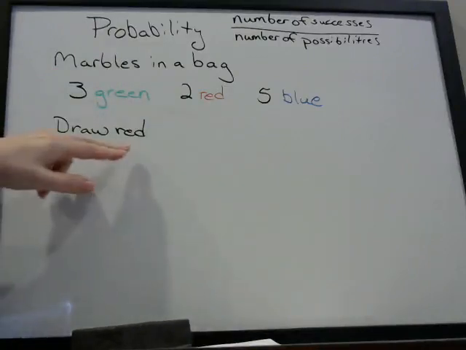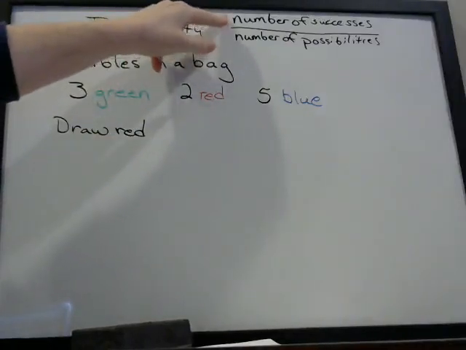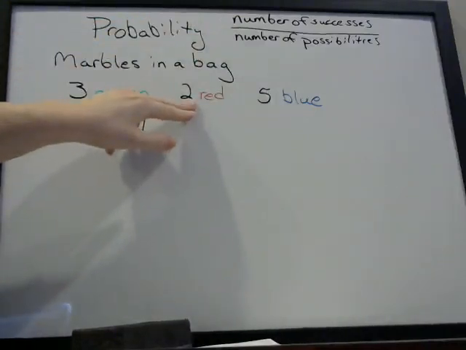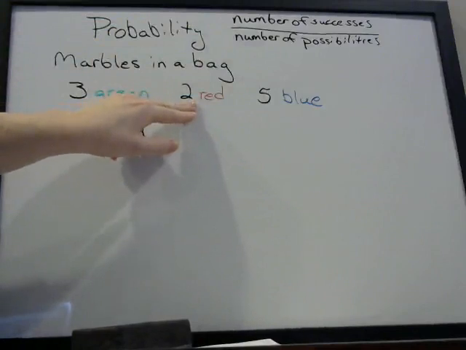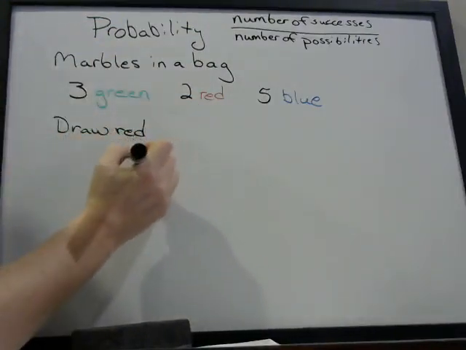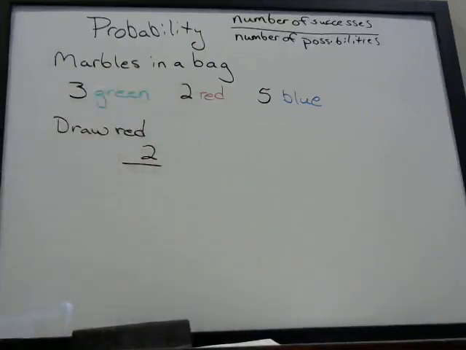So, number of successes: how many times can we be successful? There's 2 reds in there, so if we draw either one of those reds, we're going to be successful. That's what we want. So in the numerator, we have 2, because there's 2 of them in the bag.